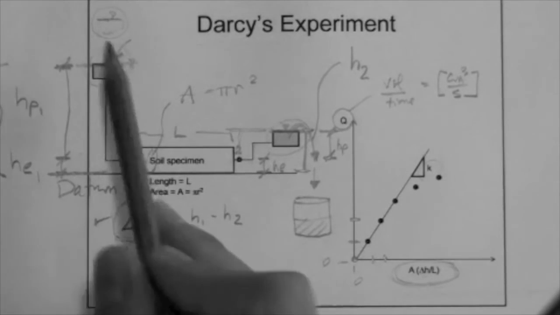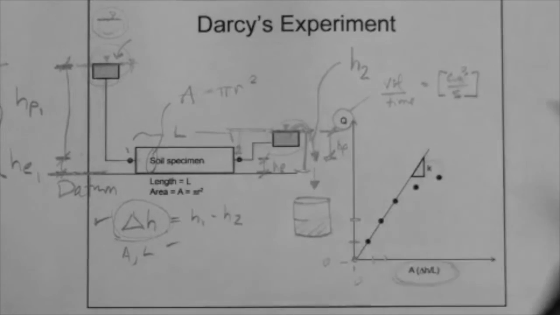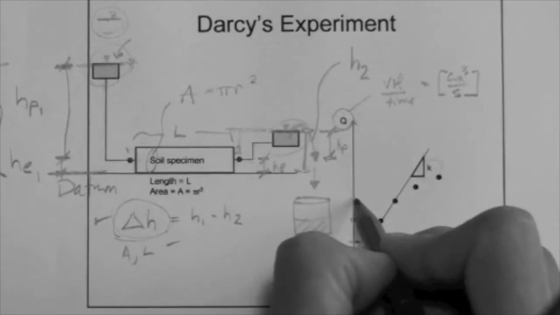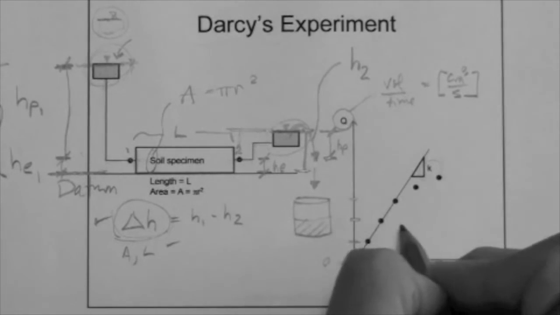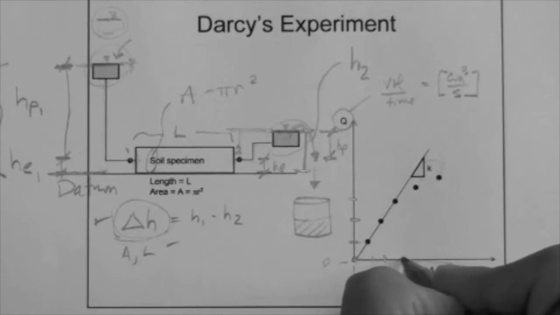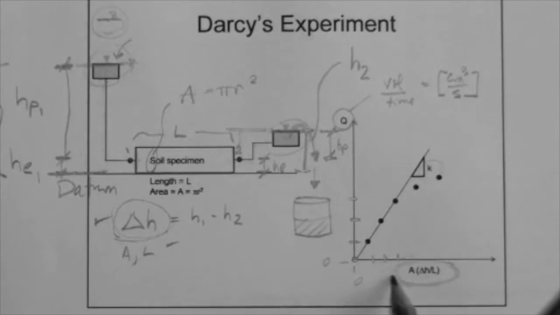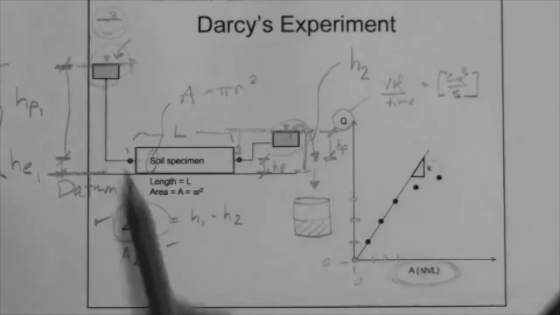And then he does it again. What does he do again? Well, he raises this even higher. And he measures what corresponds to this factor here, because delta H is now even higher.